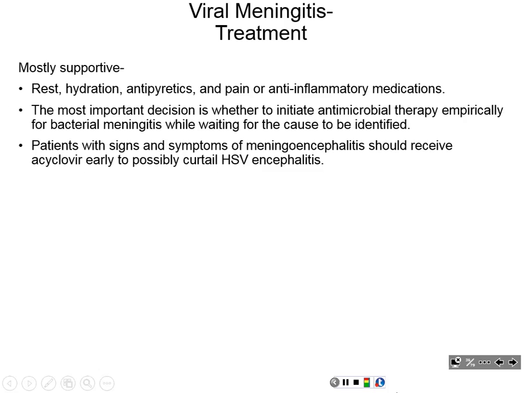If we think that the cause is actually HSV, we need to make sure that this isn't going to progress to HSV encephalitis or meningoencephalitis, which is infection of both the meninges and brain parenchyma. And so if we think it's HSV, we may go ahead and give acyclovir.